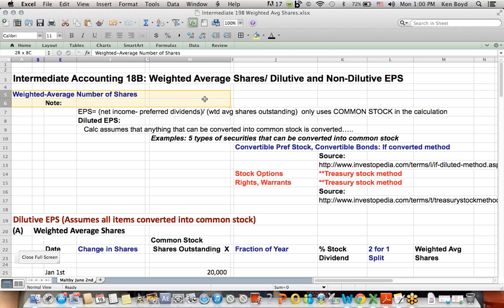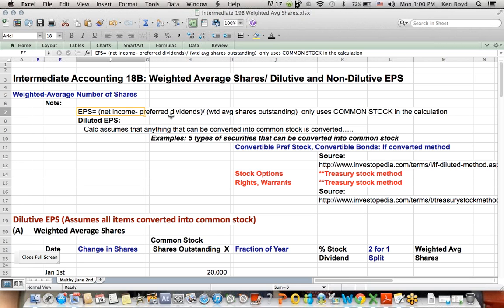I want to start off with a definition of earnings per share as an introduction into the calculation we need to do for weighted average number of shares. Earnings per share, EPS, very generally is defined as net income less preferred dividends divided by weighted average shares outstanding.